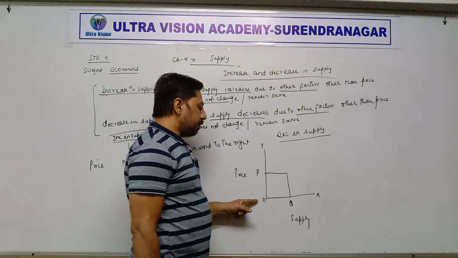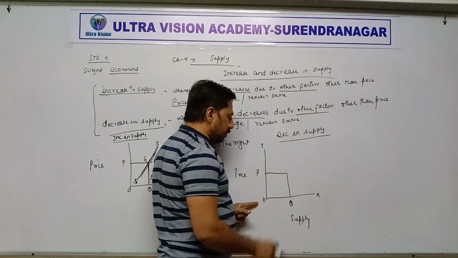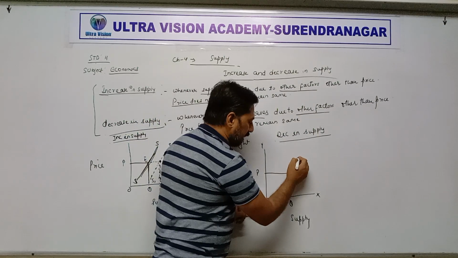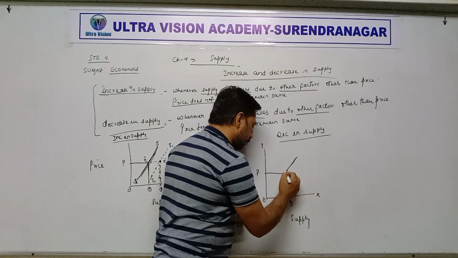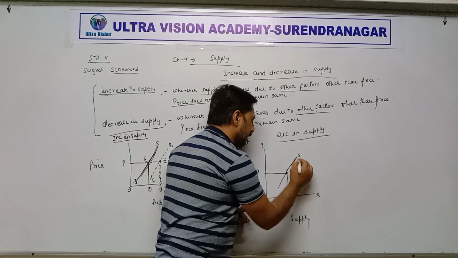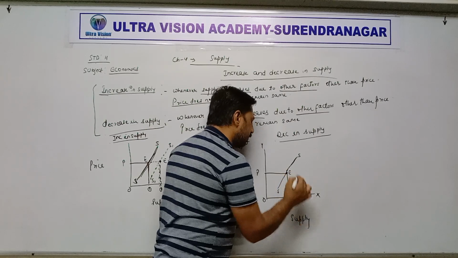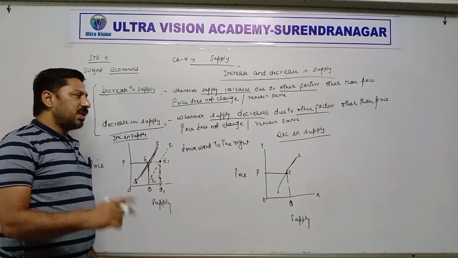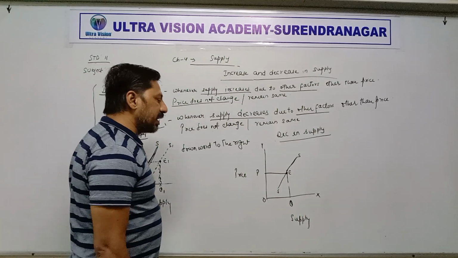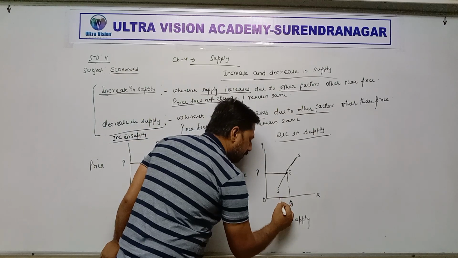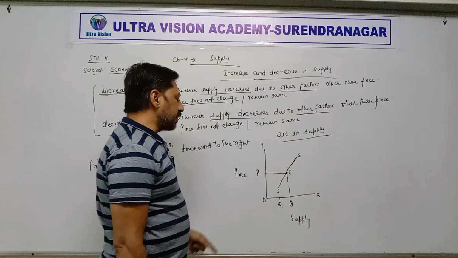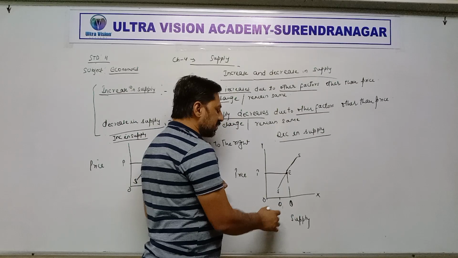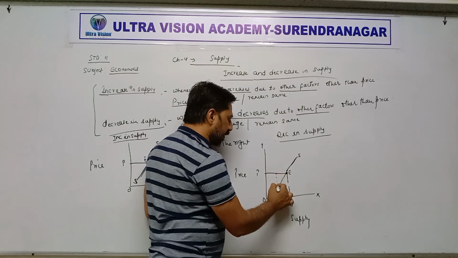Now the diagram of decrease in supply. Original price is OP, original supply is OQ. Original here means at OP price, supply is OQ. It means the supply curve is like this: S, S. This is the equilibrium point. Now due to other factors, not due to price, if supply decreases from OQ to OQ1, price remains same, only supply is changing. That's why join price with the decreased supply.